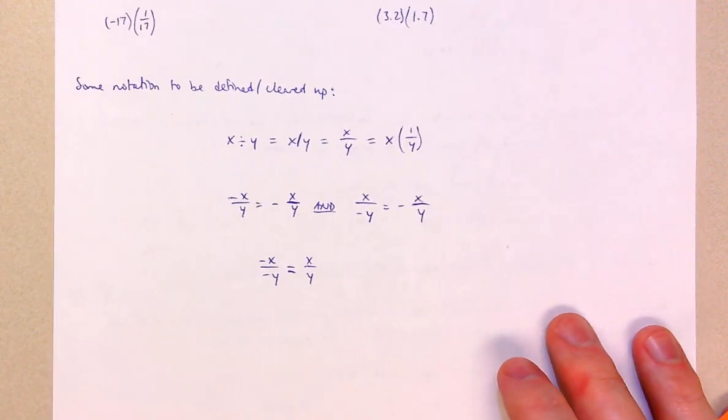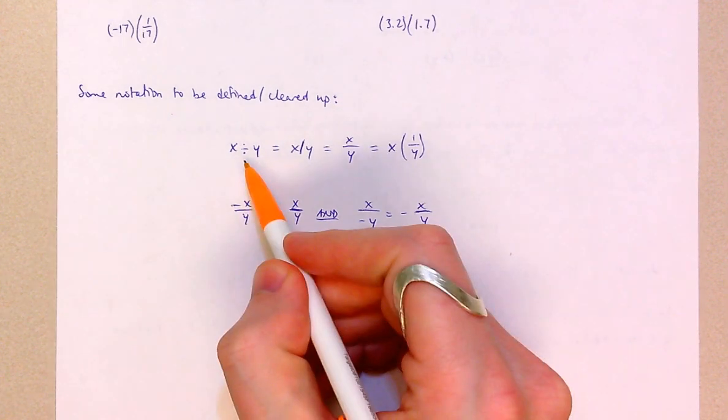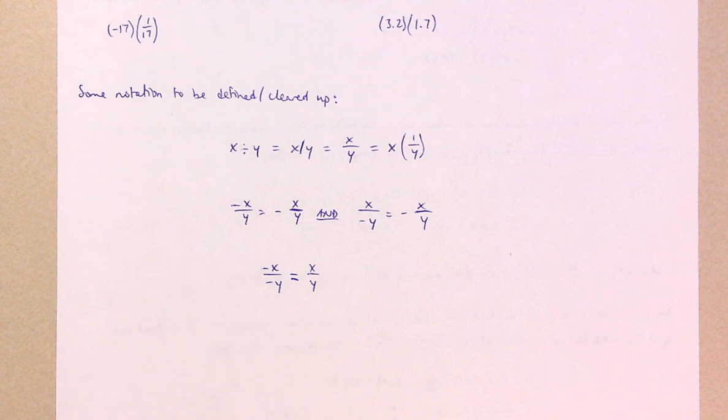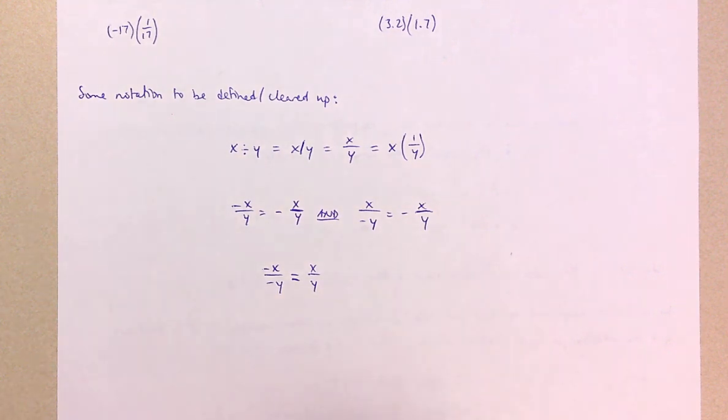And last thing for this short video, just some notation that we can clean up or we can make more clear. If I say x divided by y, that's our classic division symbol there. We can write this as x slash y. That means the same thing.